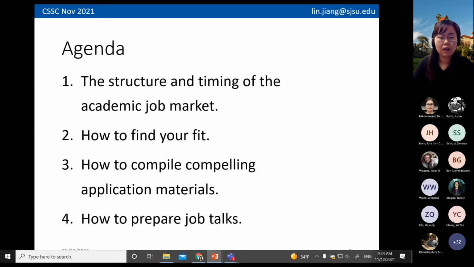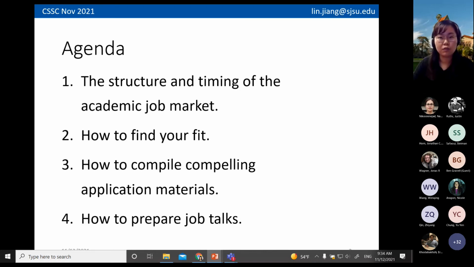So in this presentation, I'm just going to talk about first what is the structure and timing of the academic job market, and then second, how to find your fit. It doesn't matter whether you want to look for a postdoc or you want to look for a faculty position, you always want to find your fit. And then third is compiling application materials.